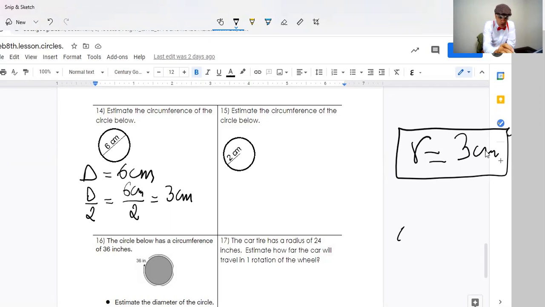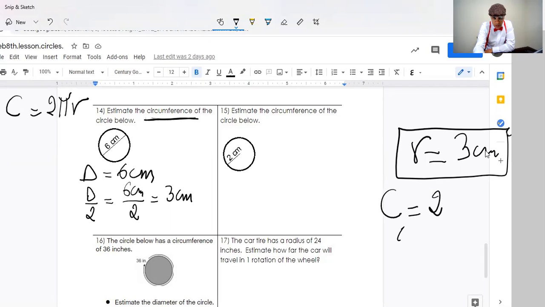we want to find the circumference of a circle, okay? So the formula we are using for circumference, C, meaning distance around the circle, is 2 times pi times the radius, okay? Since the radius is 3 centimeters, we use C equals 2 times pi times the radius.